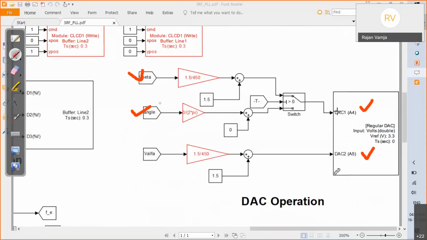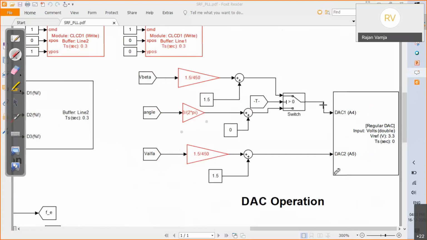So when we observe V alpha and angle, if you remember in the video, it has the peak value of 450, because V alpha also has the same.